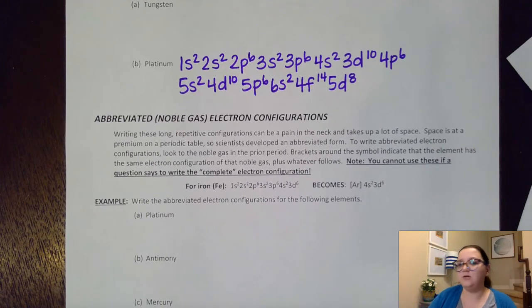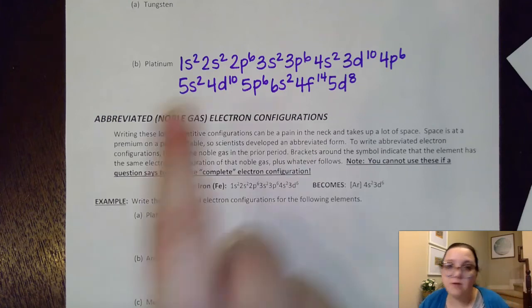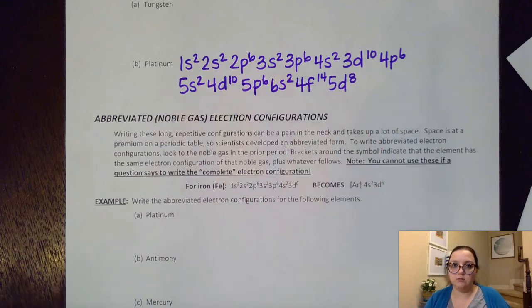So I have a secret for you. We can actually do a sneaky move and write what is called an abbreviated or noble gas electron configuration. Now, you have to be really careful on a question. If a question clearly says, show the complete electron configuration, you have to write this whole thing. You don't have a choice, okay?